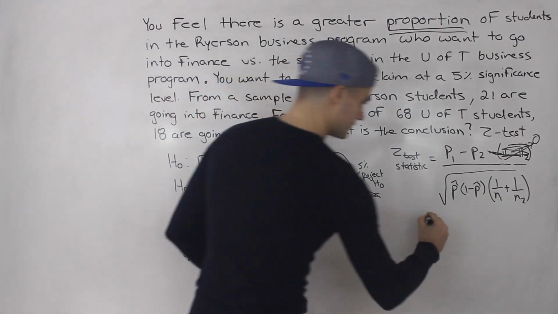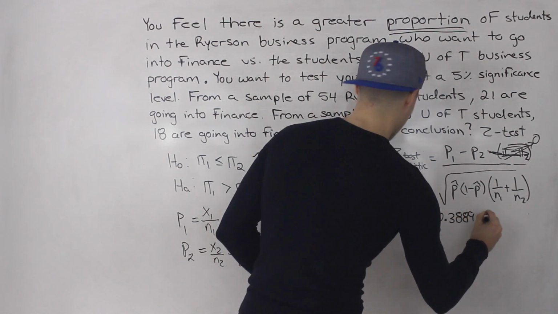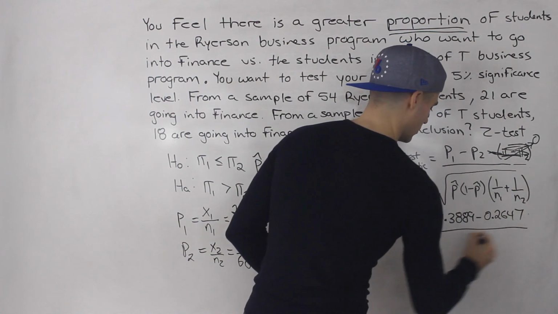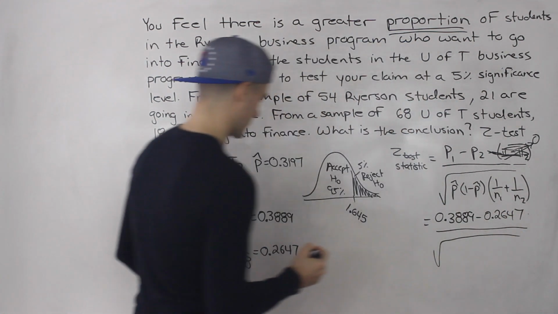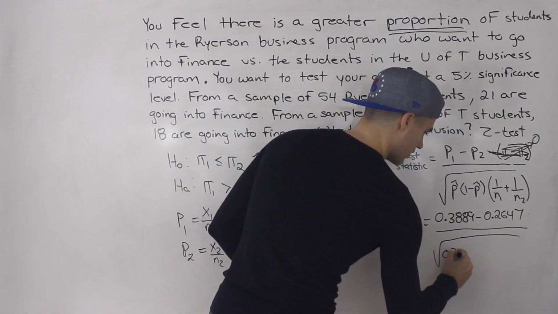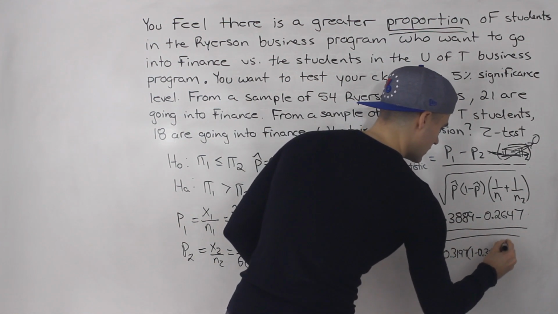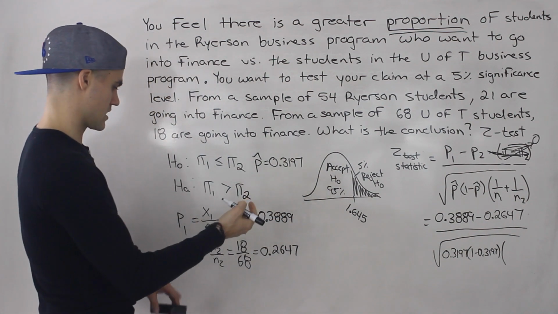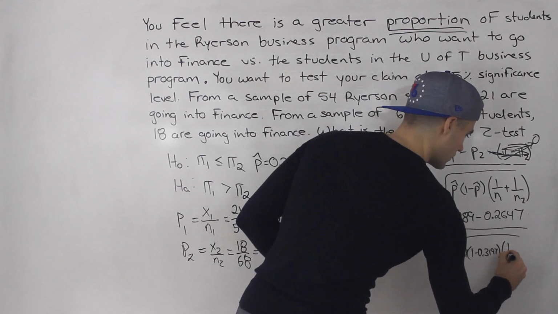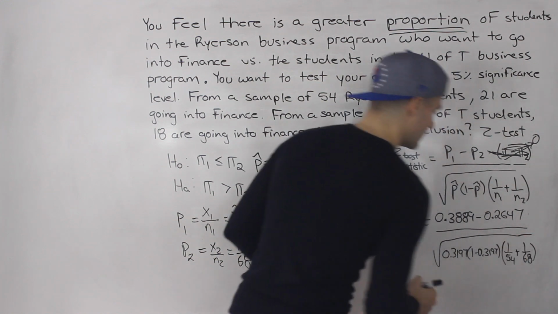So plugging everything in, you'd get 0.3889 minus 0.2647 all over the square root of that P hat, 0.3197, times 1 minus 0.3197, times 1 over the sample size from the first population, so 1 over 54, plus 1 over 68, which is N2.